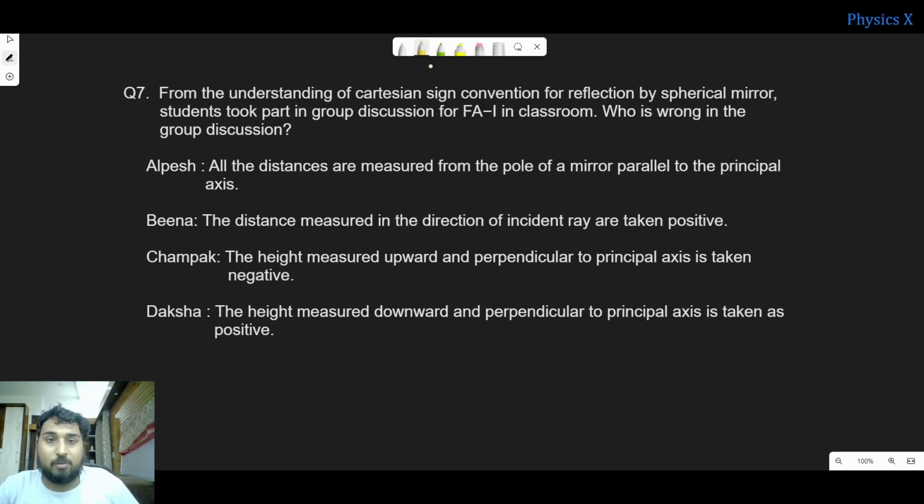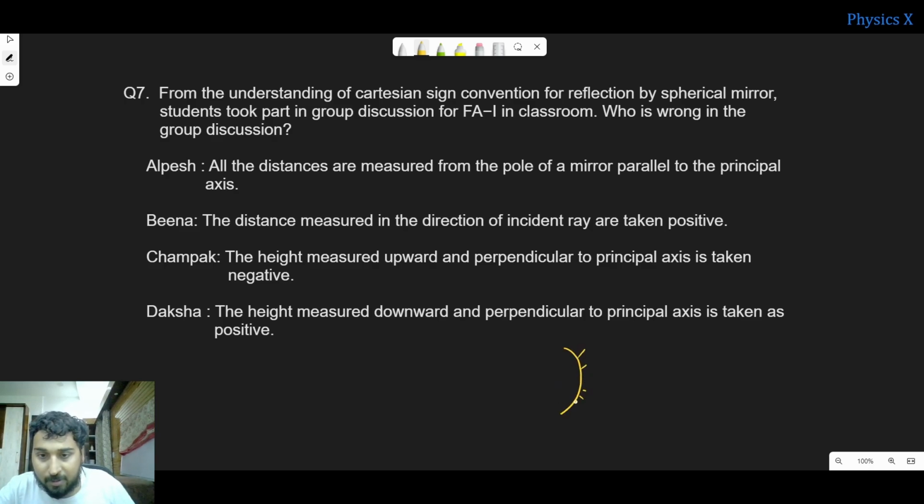Okay, so this is your assertion type question. From the understanding of Cartesian sign convention for reflection by spherical mirror, a student took part in a group discussion for FA1 in classroom. Okay, who is wrong in the group discussion? So these 4 people are here. You need to tell who is wrong. So first one is saying all the distances are measured from the pole of the mirror parallel to the principal axis.